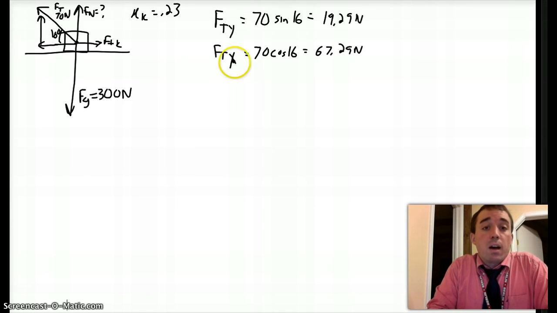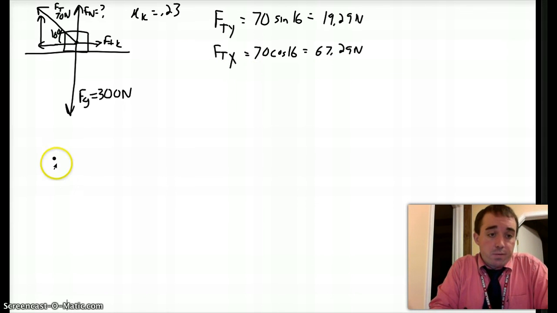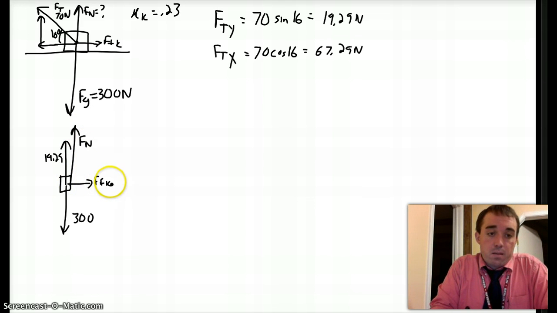Okay, so redrawing this free body diagram a little bit more simply, I'm going to drop the labels themselves, just keep the numbers. We have 300 going down. We have two forces acting up. We have the FTY, which is 19.29. We'll have our normal force. We have our FFK, and we have our FTX, which is the 67.29 newtons.